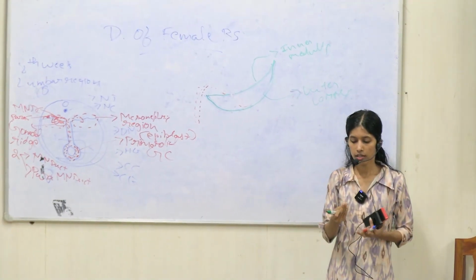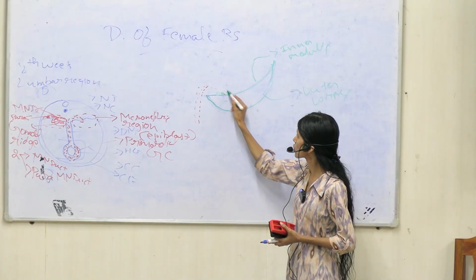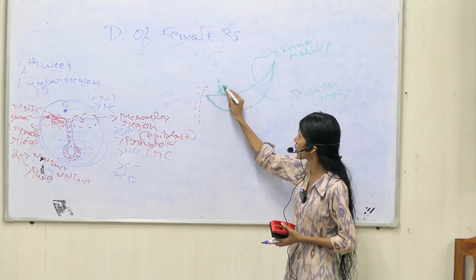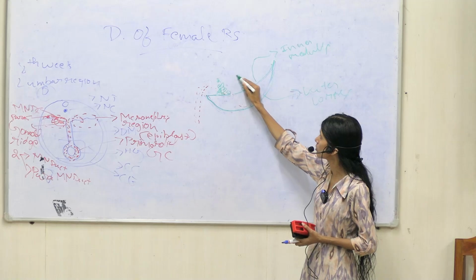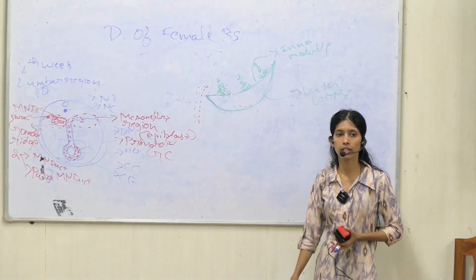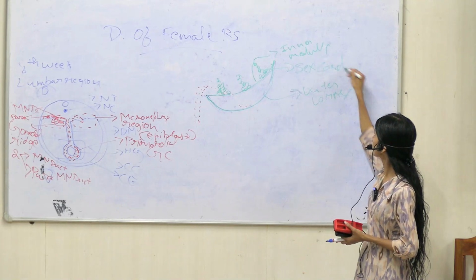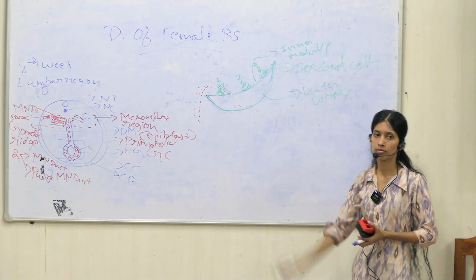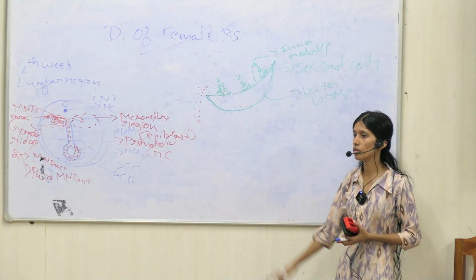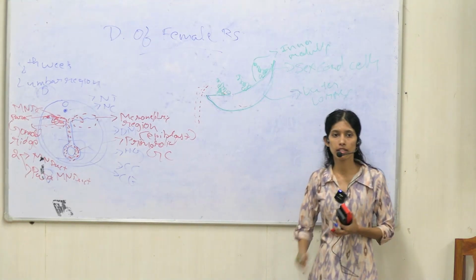The gonadal ridge has very important cell structures which are present like this. What are these cell structures called? These are called sex cord cells. Now the primordial germ cell will enter the gonadal ridge.